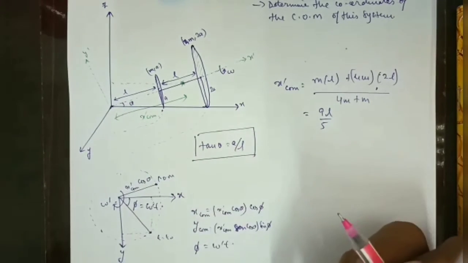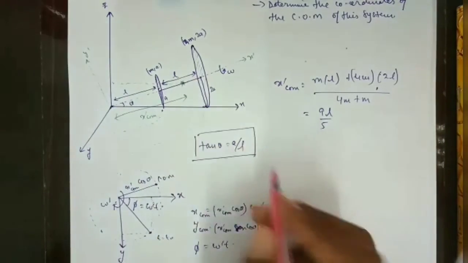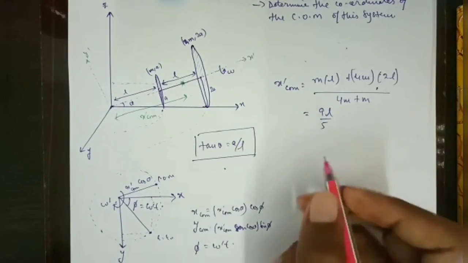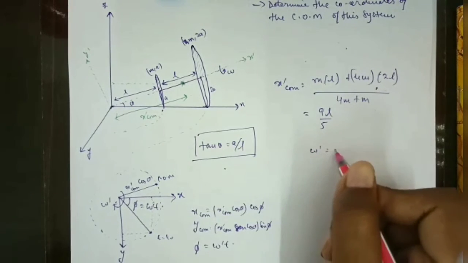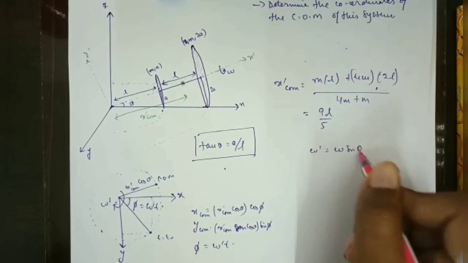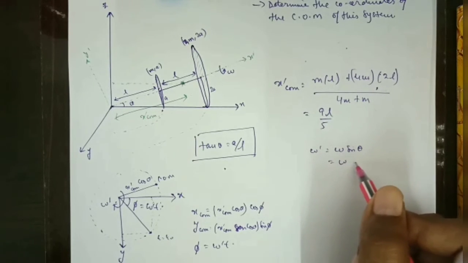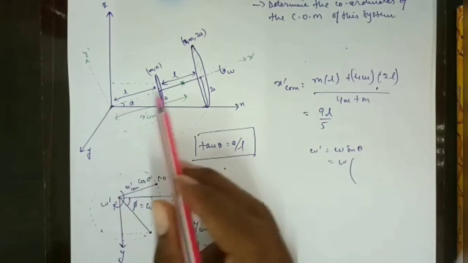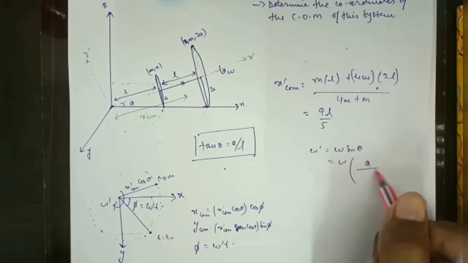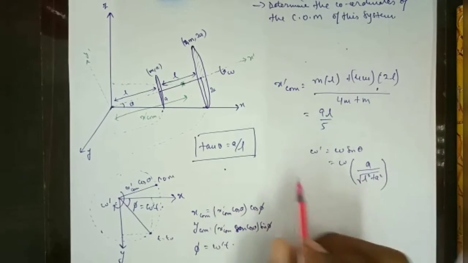Omega prime. What about omega prime? Omega prime can be written as omega sine theta, that is equal to omega a by root under L square plus a square.